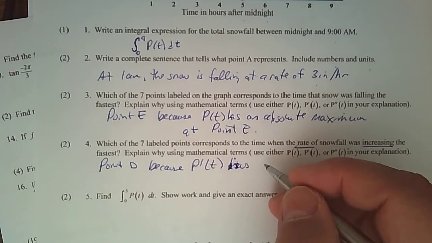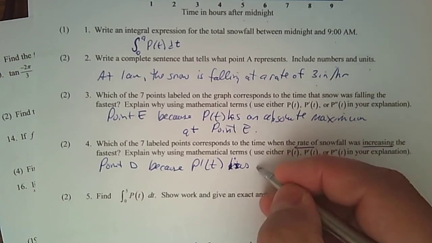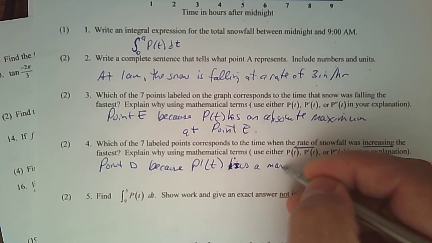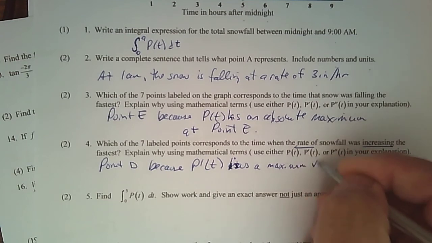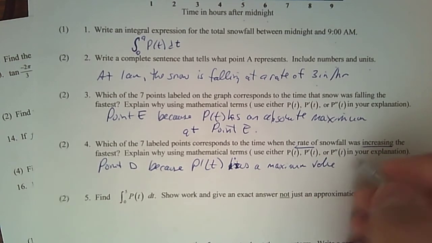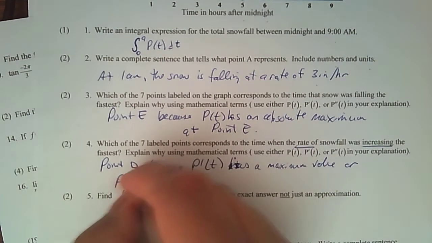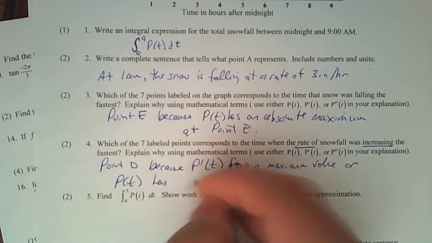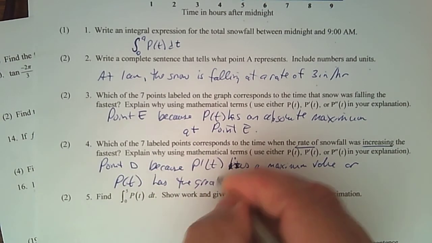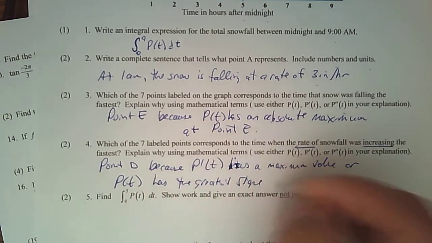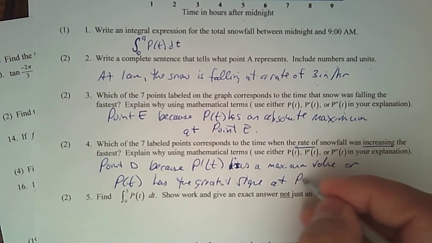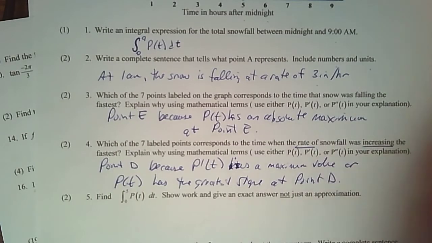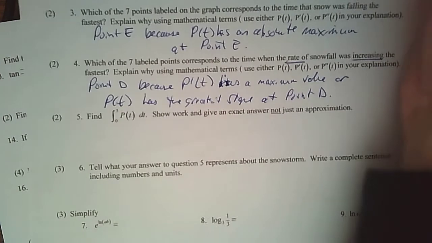So if you want to think of it as a derivative, it's because the derivative has a maximum value there, or P of t has the greatest slope. Both would have a math understanding of why you picked it.